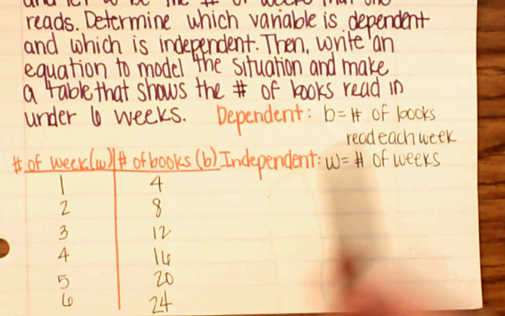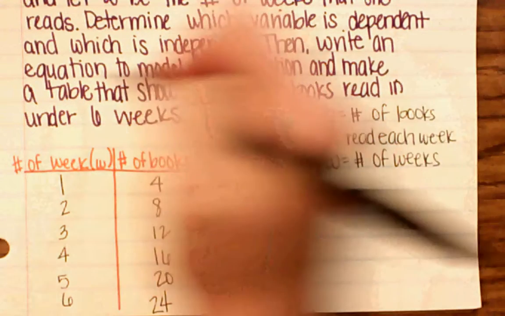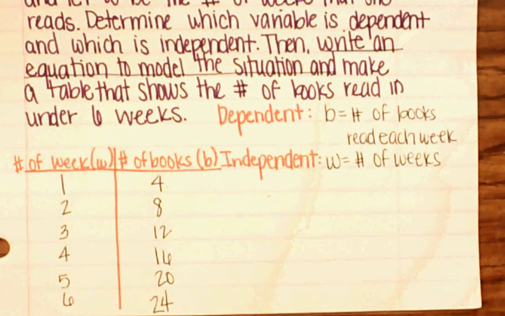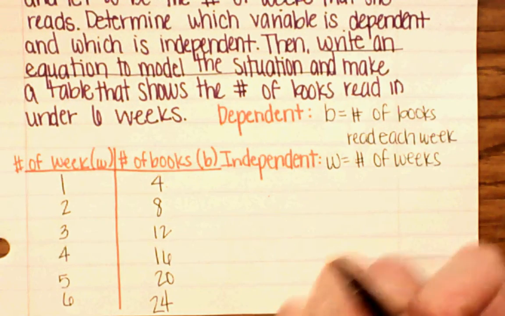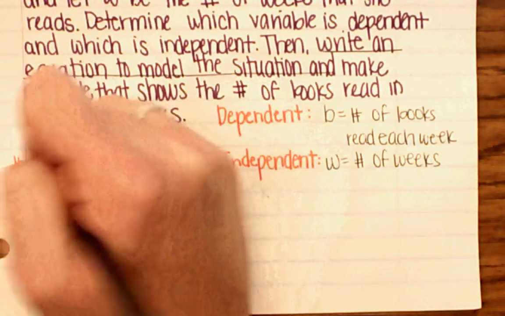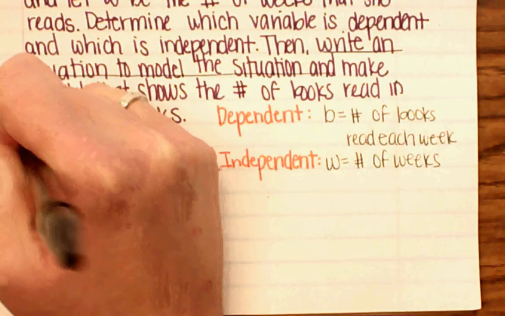The next part of the question says to write an equation to model the situation. Basically saying, how do you get from the independent to the dependent? Right? So this is independent. I'm going to fill that in.